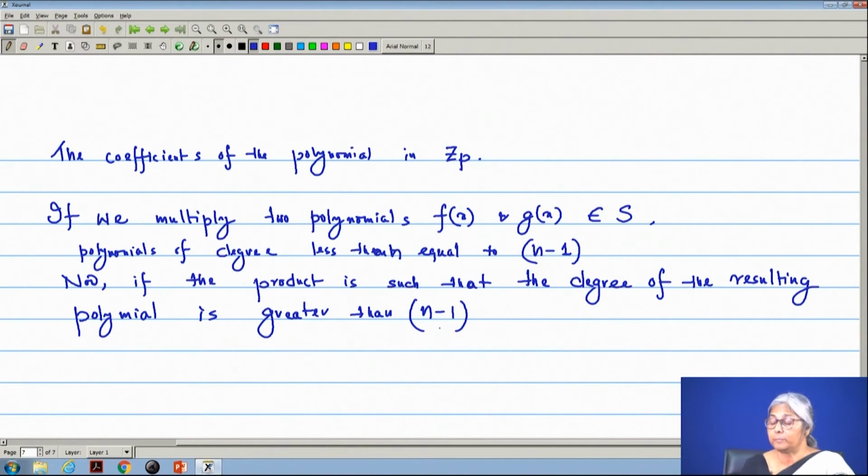Then this result polynomial will not be in this set S.